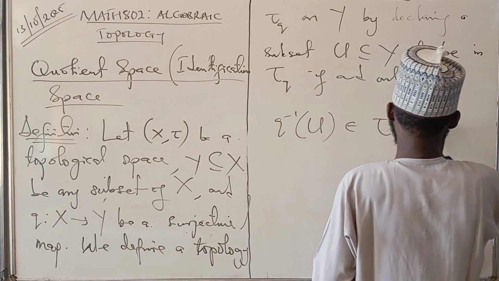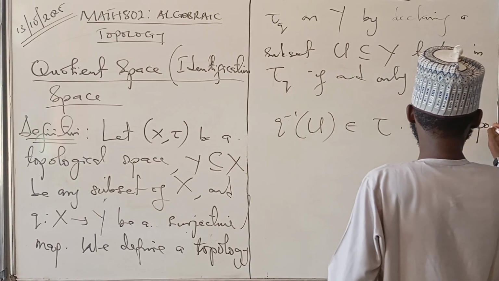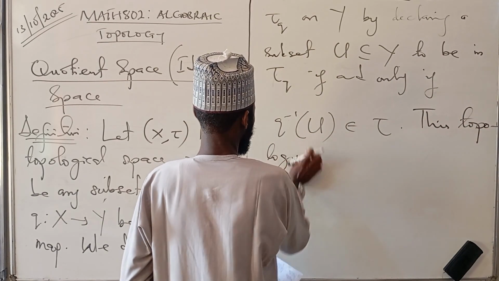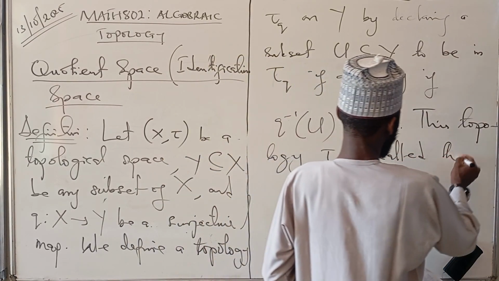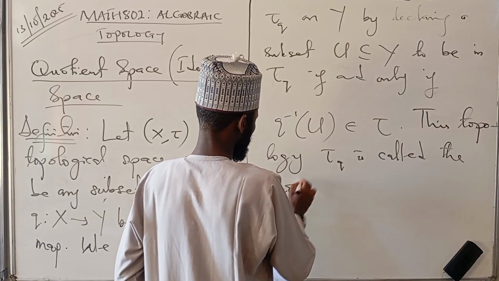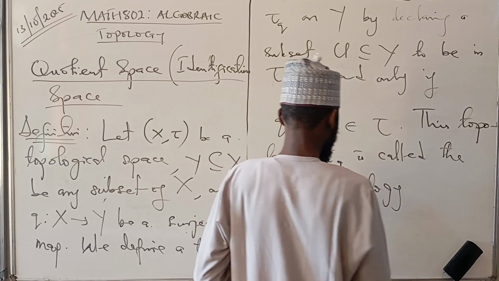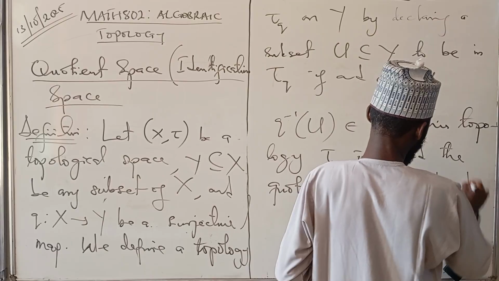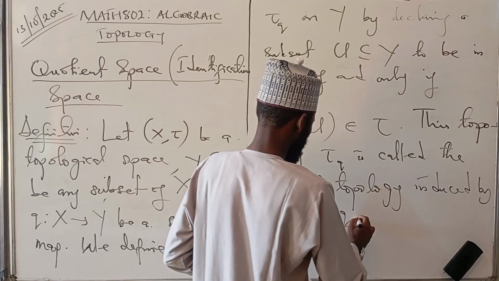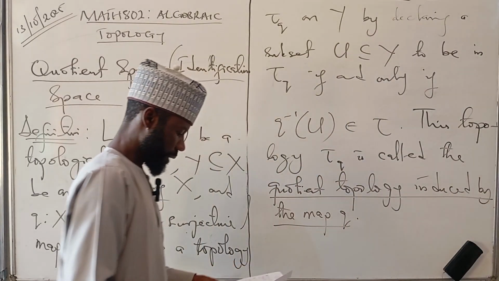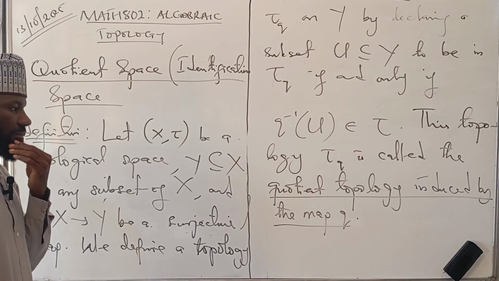In fact, this topology tau Q is called the quotient topology, induced by the map Q, by the surjective mapping Q. That's the quotient topology induced by Q. Okay?